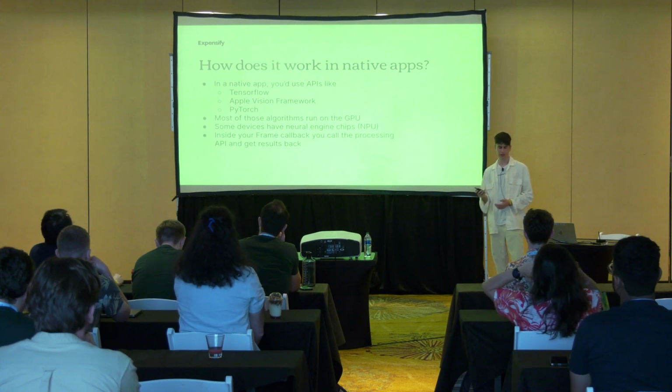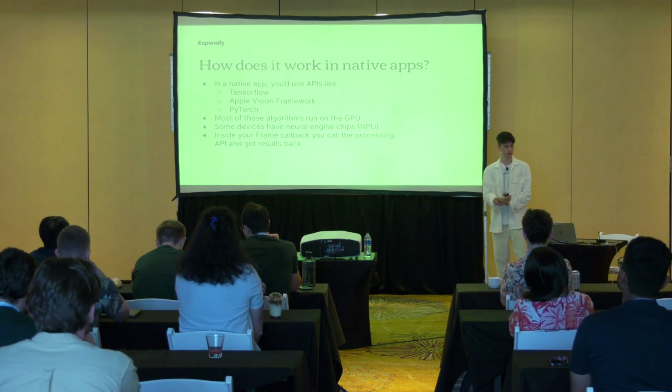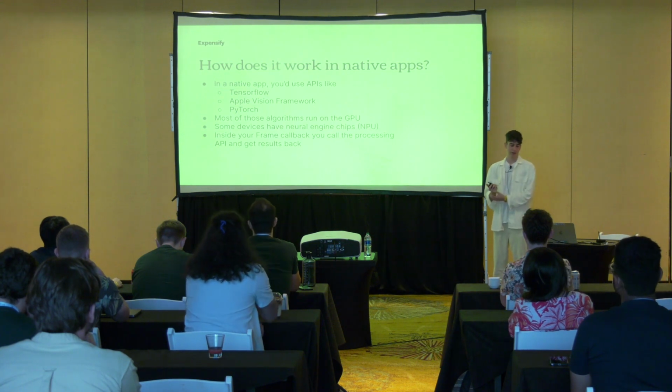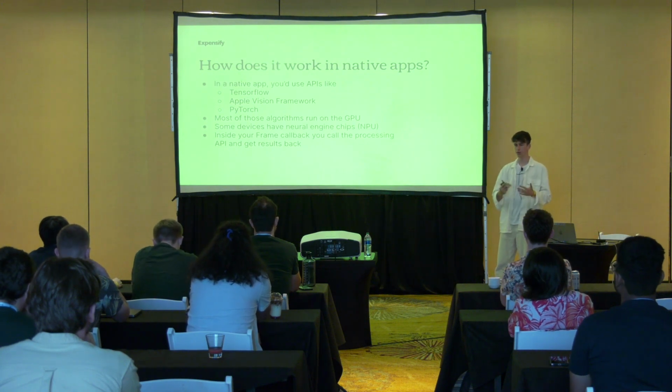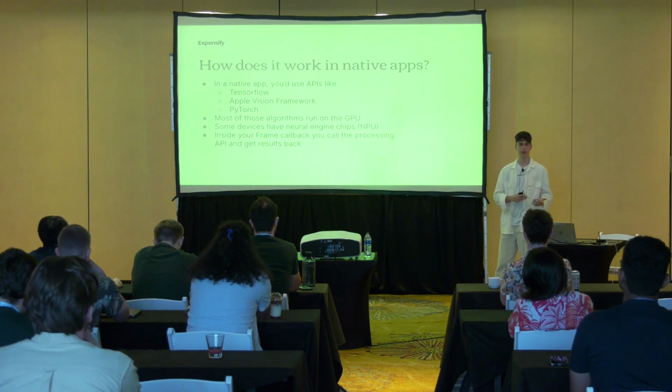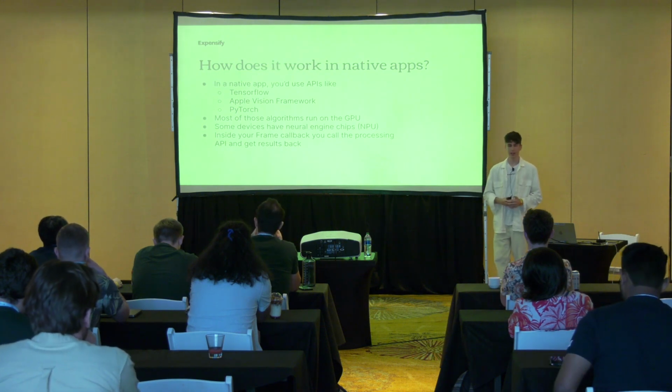So how does it work in a native app? Again, let's take a look at the native side first and then see what we can do. In a native app, you'd use APIs like TensorFlow, Apple Vision, PyTorch, maybe MLKit to load your model, which might be a QR code detector, a face detector, or any kind of custom model. And then execute it, right?